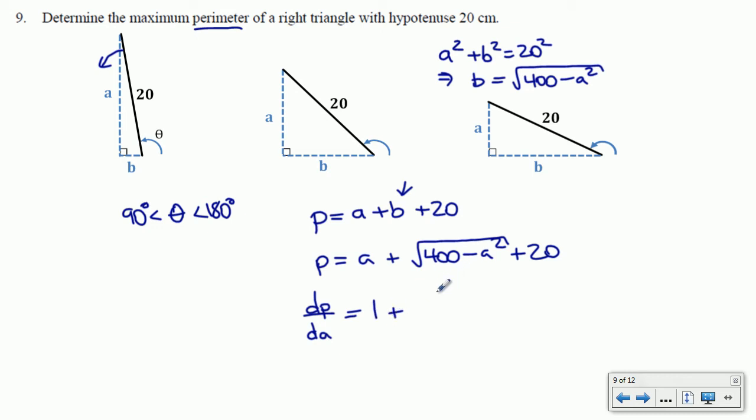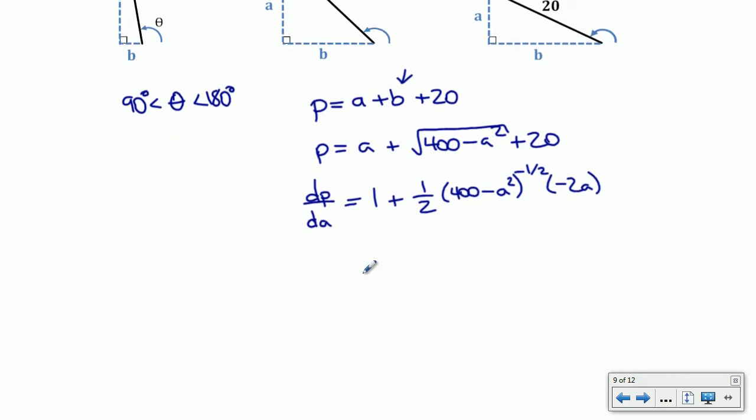The derivative of the middle term will be 1/2 times (400 minus a squared) to the minus 1/2 times negative 2a, using the chain rule. And the derivative of 20 with respect to a is just 0. Let's simplify this a little bit. These 2's cancel out, we have a subtraction symbol, an a up top, and the square root of 400 minus a squared in the bottom.